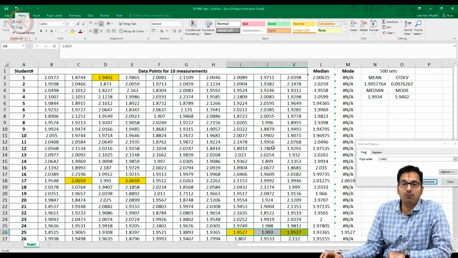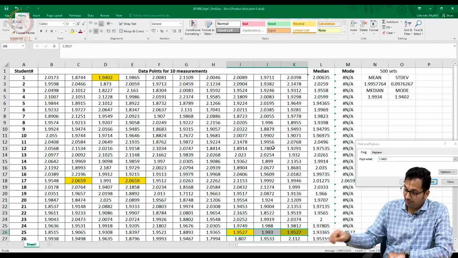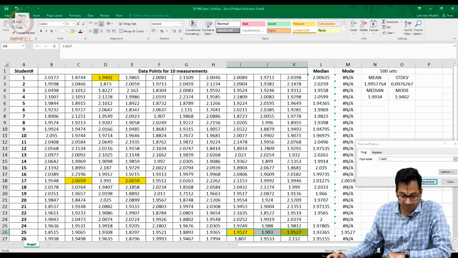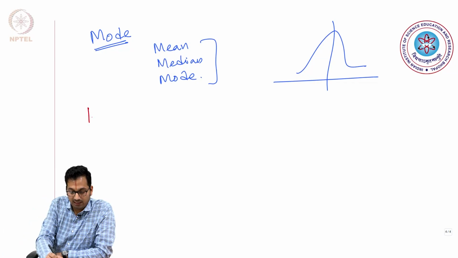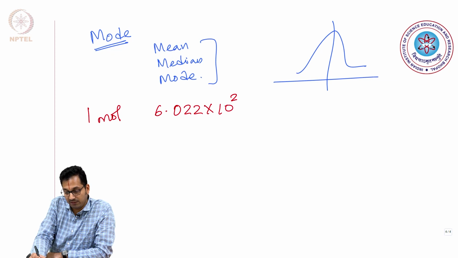Now that we have seen how data is represented properly with mean, mode and median, and of course standard deviation, let's try to ask why are we worrying this much about it. All these parameters are defined because when you are taking 1 mole of a substance, you are talking about 6.022 × 10^23 particles.